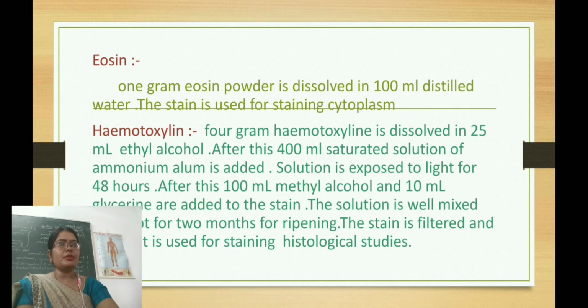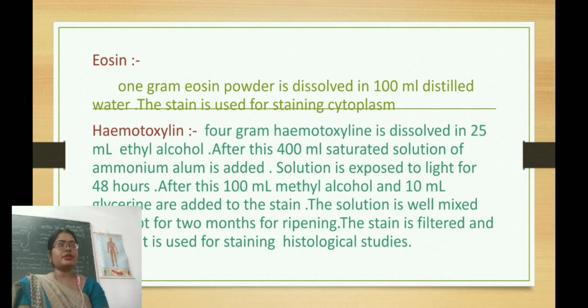Hematoxylin. Hematoxylin is used for histological studies, that is staining tissues and cells. Hematoxylin is prepared by 4 gram of hematoxylin dissolved in 25 ml ethyl alcohol. After this, 400 ml saturated solution of ammonium alum is added.